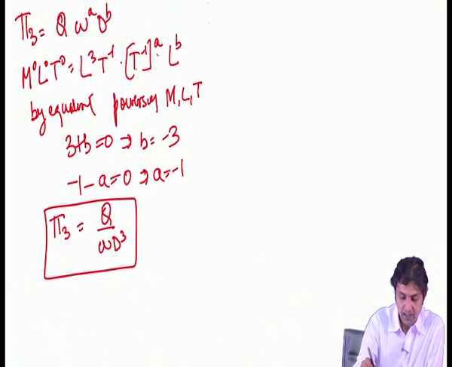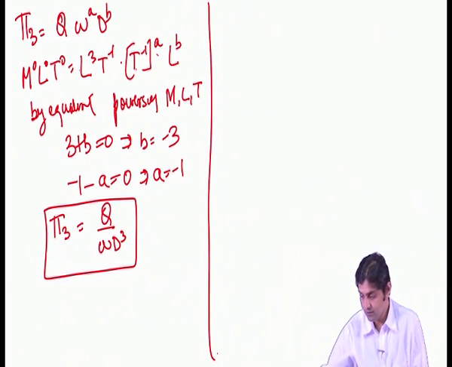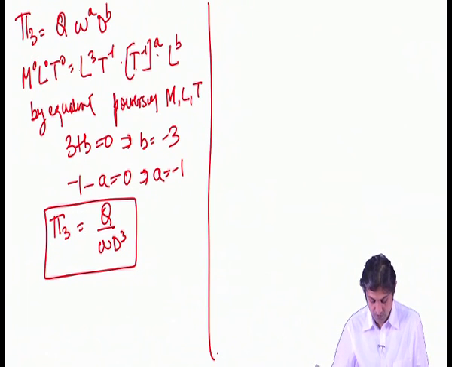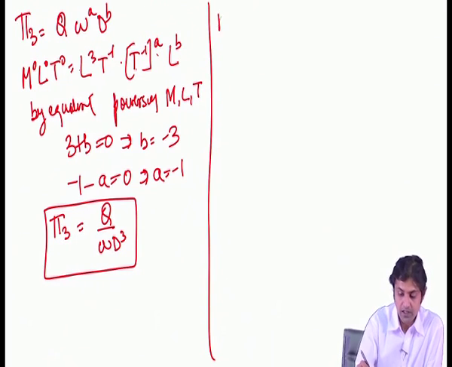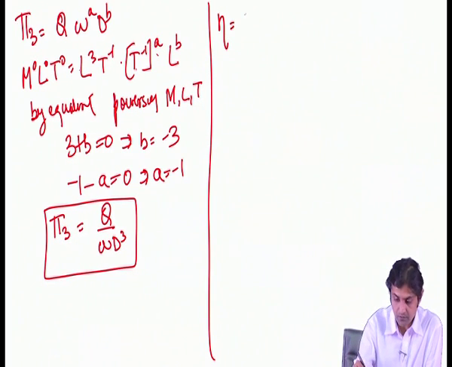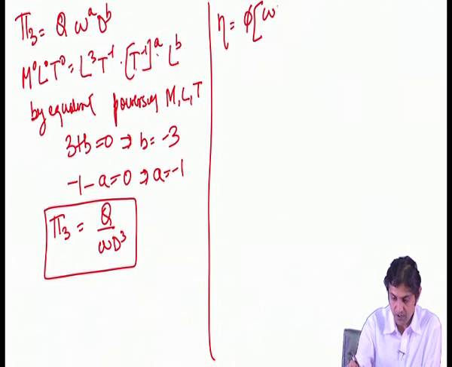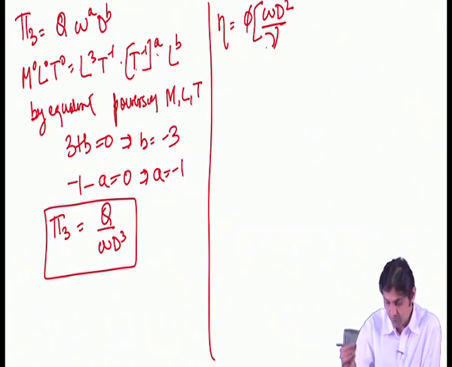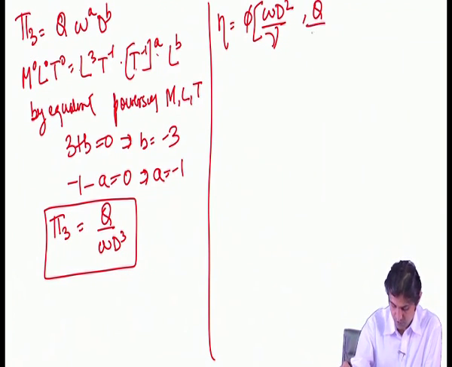So, the final expression is going to be eta as a function of omega d square by nu, or I mean it is 1 by pi 2 and q by omega d cube.